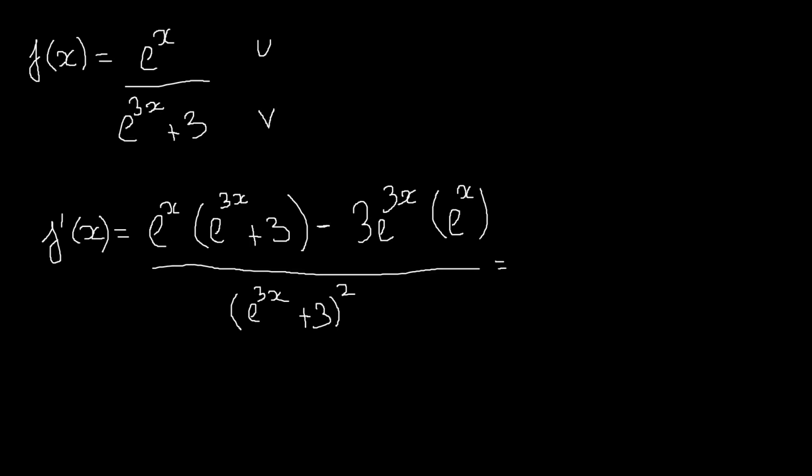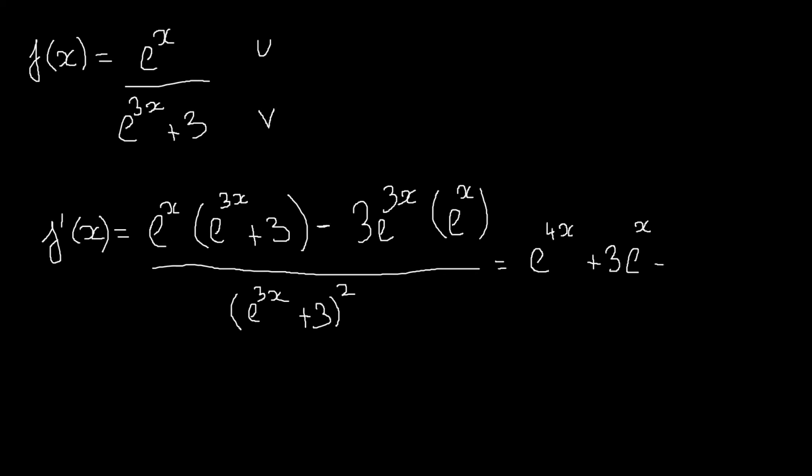So we can simplify this. e to the x multiplied by e to the 3x is e to the 4x. Now you can multiply e to the x by the 3, so that will give you 3 e to the x.